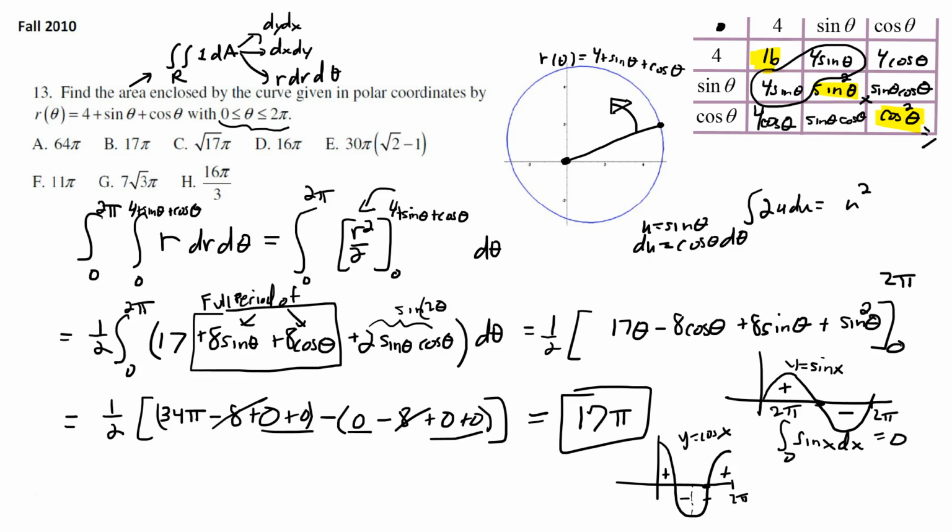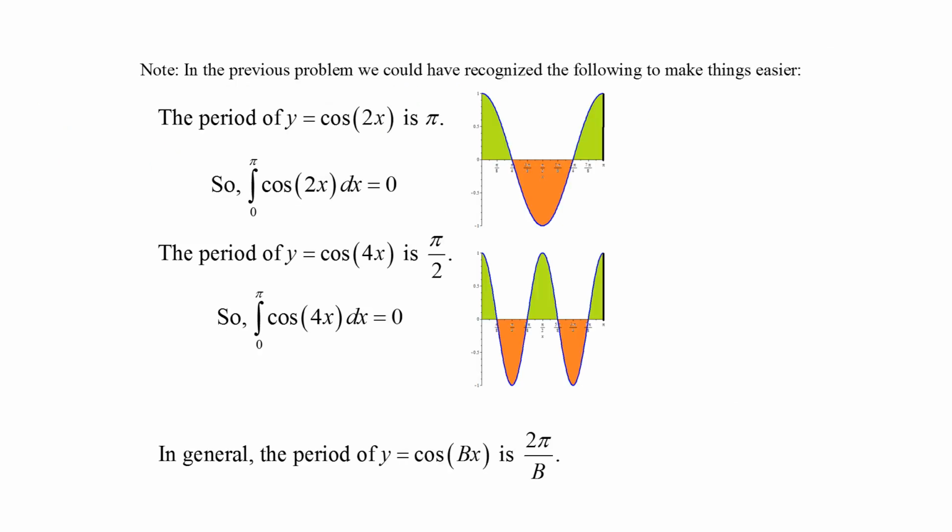Even if it's the sine of twice theta, the period on that is going to be pi. So you'll be integrating 2 full periods of that. And so we could save ourselves some work and not have to worry about integrating when we integrate a full period or integer multiple periods of sine or cosine of twice theta or 4 theta, and so the period on cosine of 4x is pi over 2.